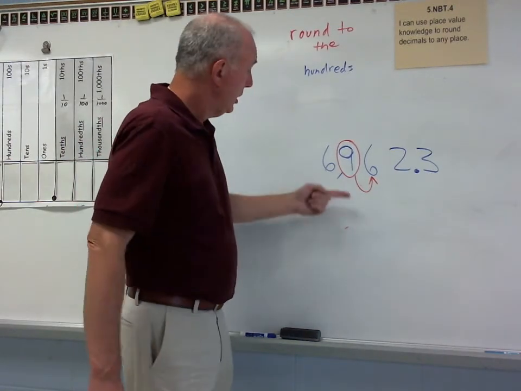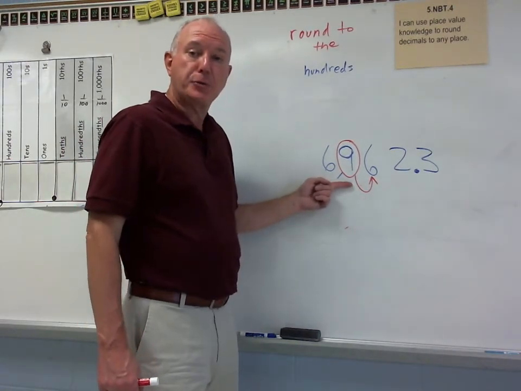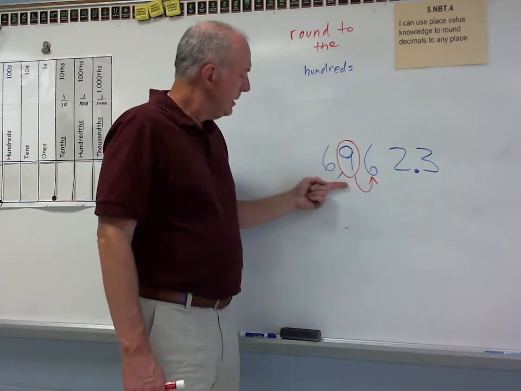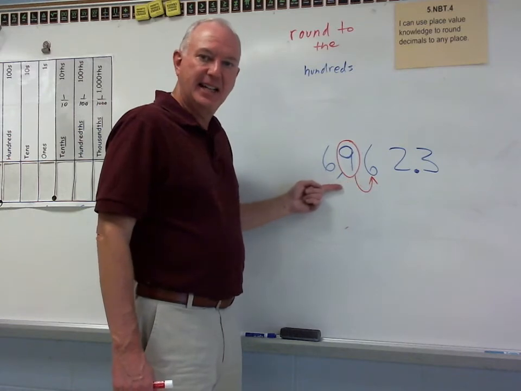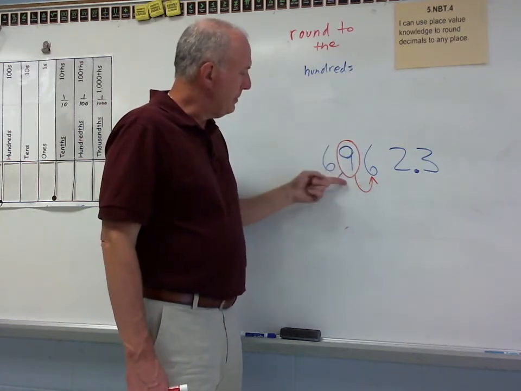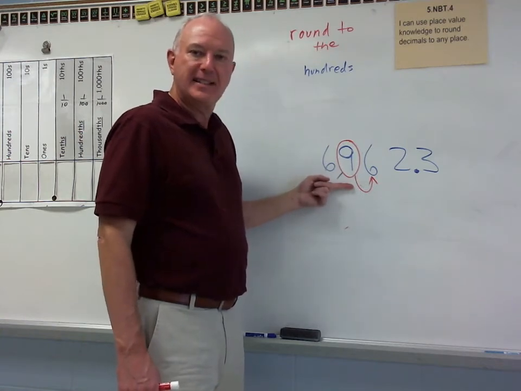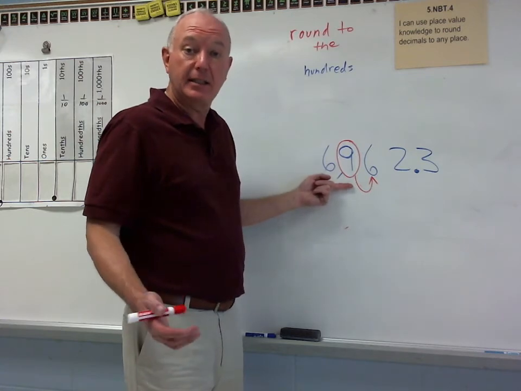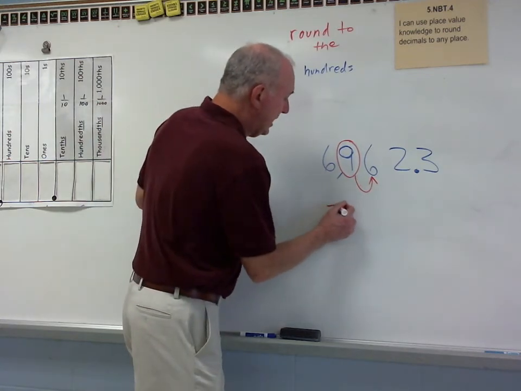Here's what you need to do. You need to look carefully and read this as a 2-digit number. This is 69. If you're going to raise this by 1, what is 69 plus 1? 70.